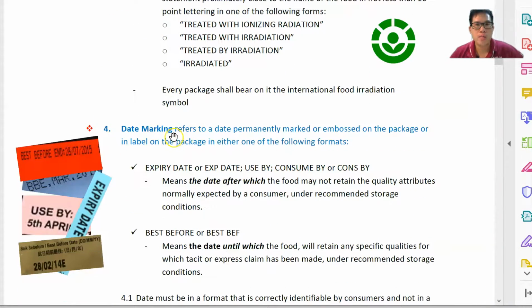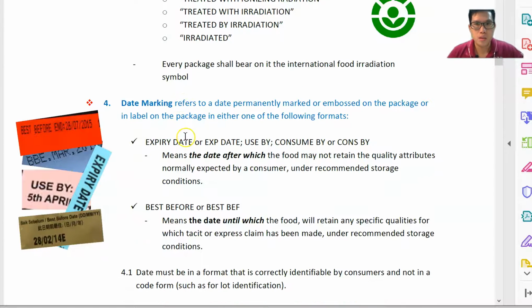Date marking, very important, because at least they know when is the expiry date, when is the best before date, and when it was manufactured. Just to look at these two. Basically, the expiry date is when it expires, and it should not be consumed after the date.